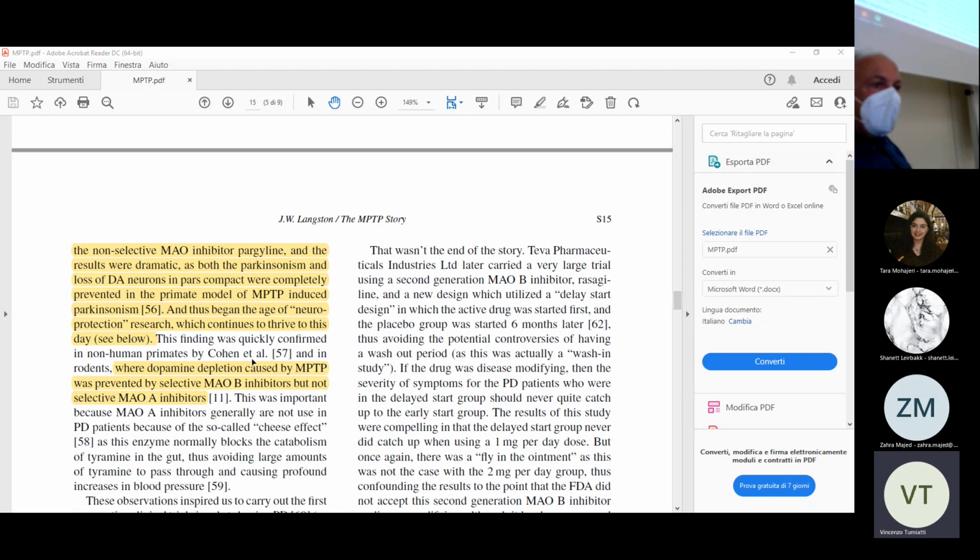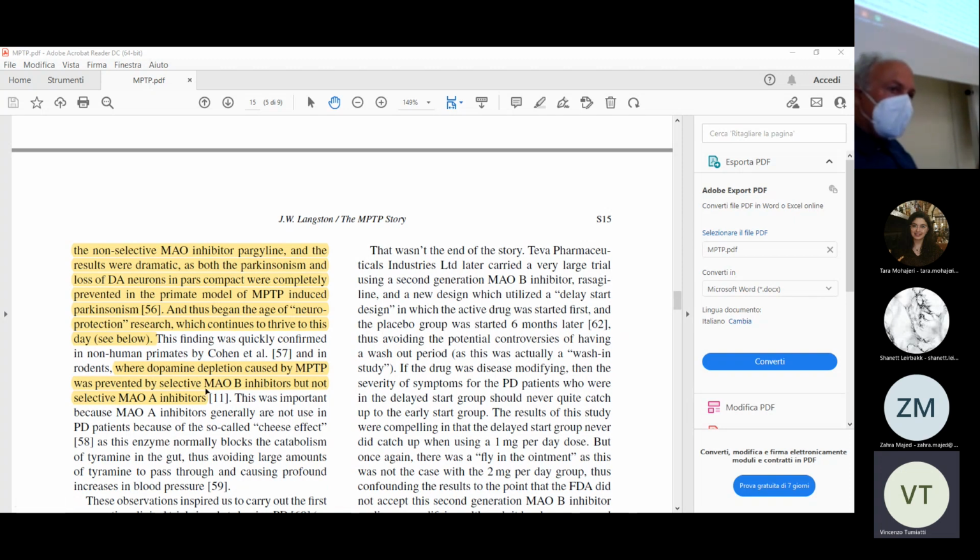This because MAO is responsible for the oxidation, yes, the oxidation of MPTP to MPP plus. And so they thought in that time that if we block this type of enzyme, it is possible to have a therapy against Parkinson.